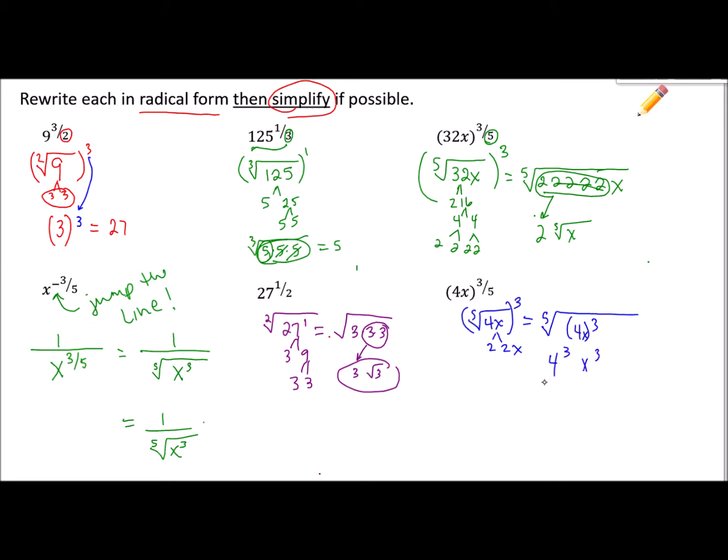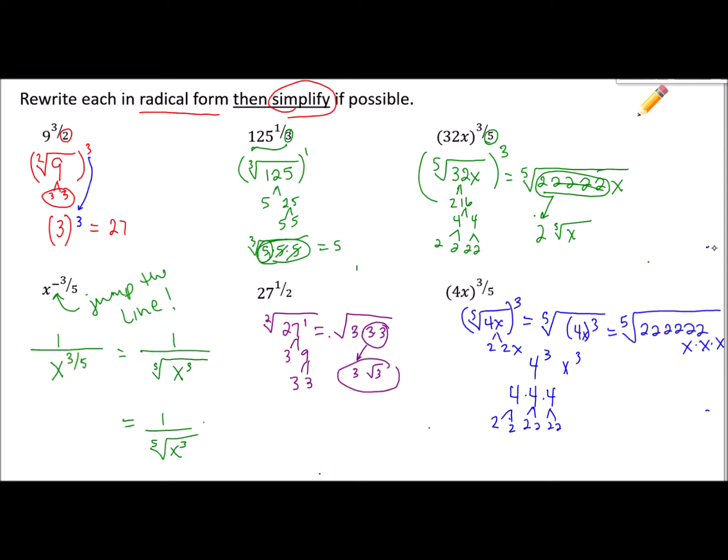And this is 4 times 4 times 4. Each one of those is 2, 2. So once you actually for real spread this out, it's going to be the 5th root, 2, 2, 2, 2, 2, 2, and then x, x, x for the 3 x's.